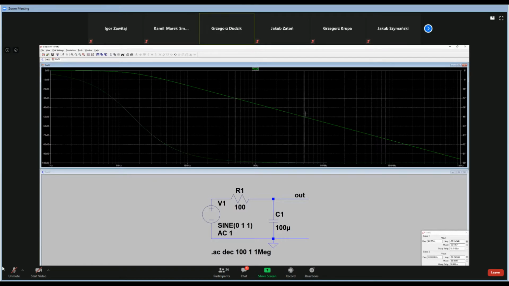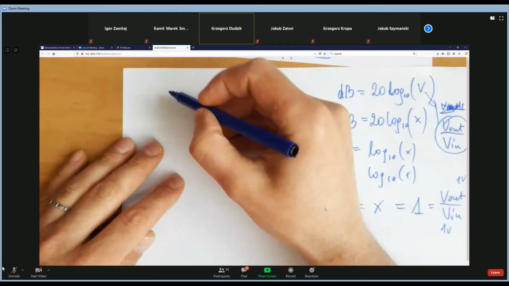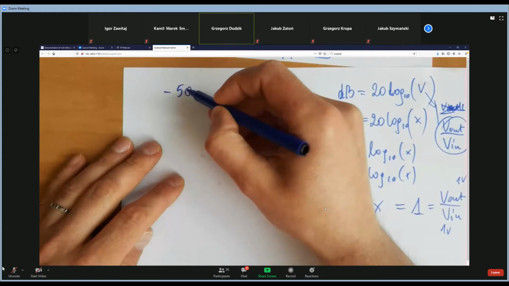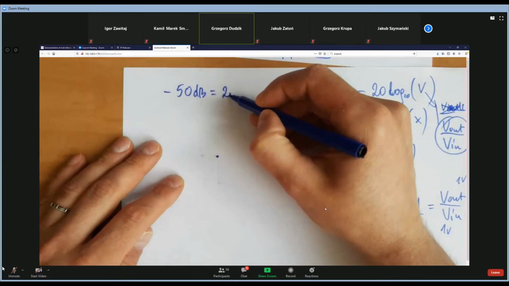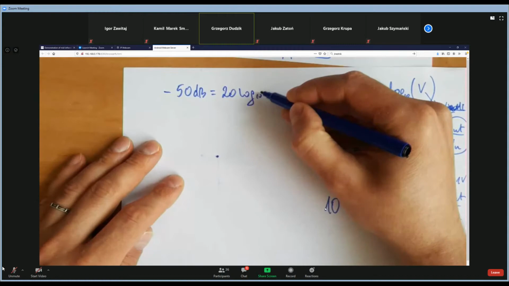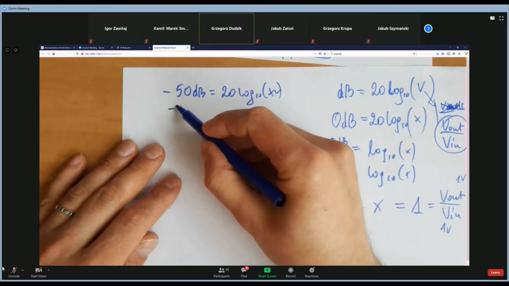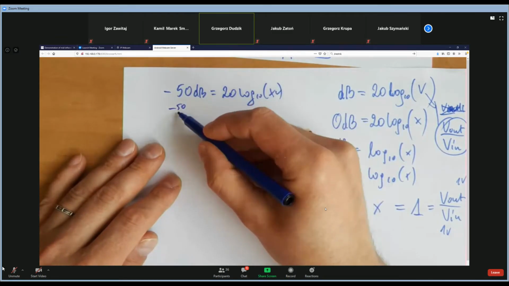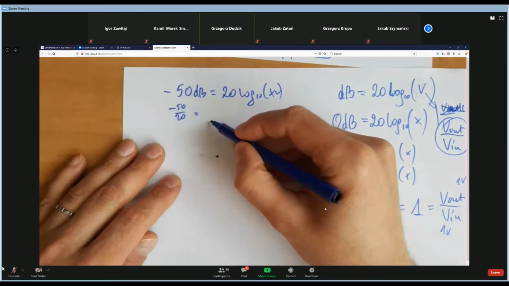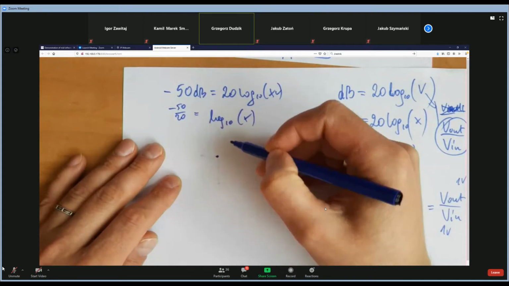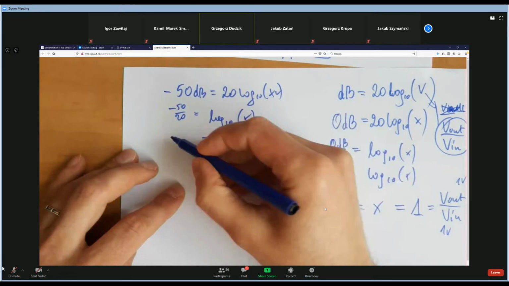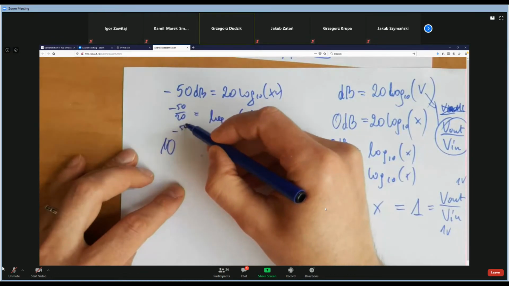Okay, so let's turn on the white sheet and find how many minus 50 decibels is in voltages. As you see, minus 50 over 20 is equal to log 10 of x. So x is equal to 10 powered to minus 50 over 20.